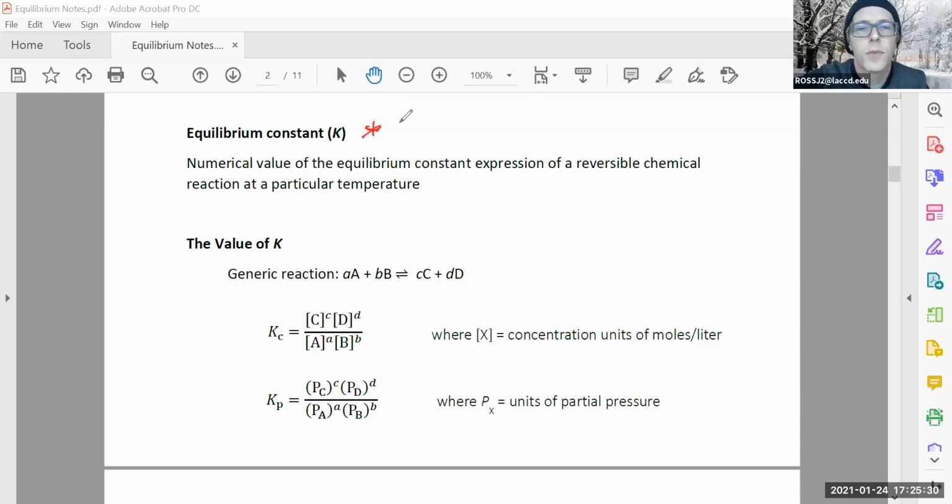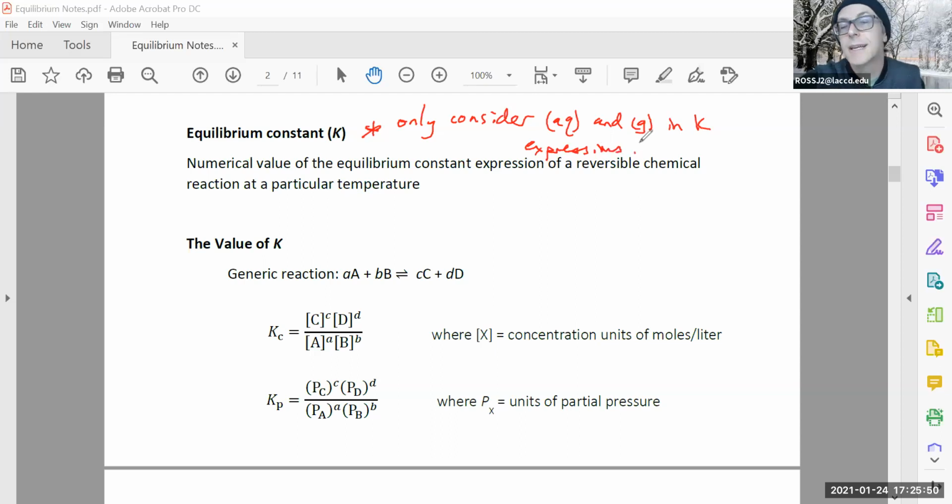So a note, we only consider aqueous species and gases in K expressions. So we can essentially just ignore solids and liquids. In either of this type of equilibrium expression, you only need to consider aqueous species or gases. It just so happens that's all we saw here.